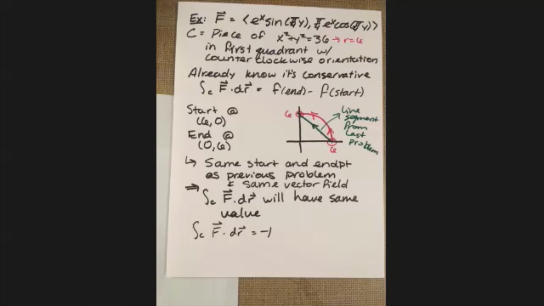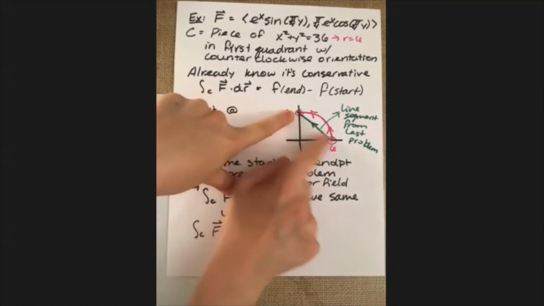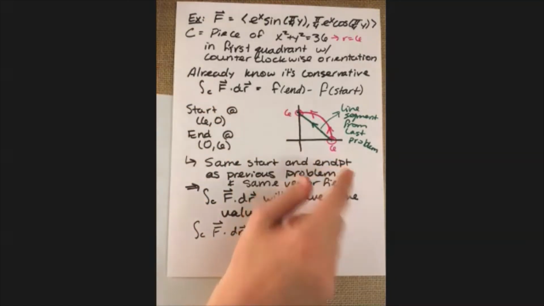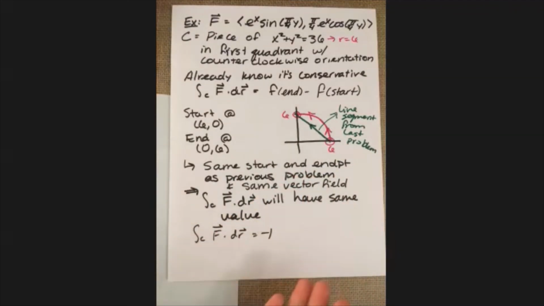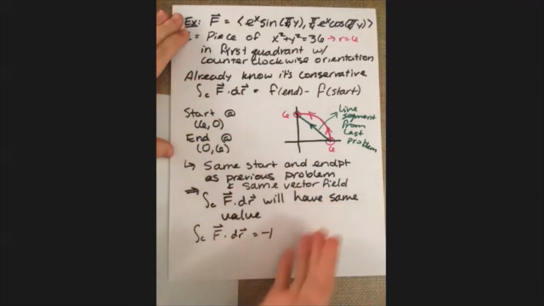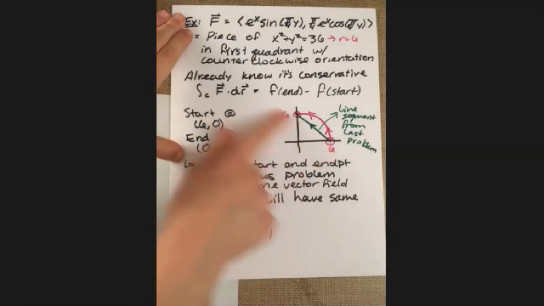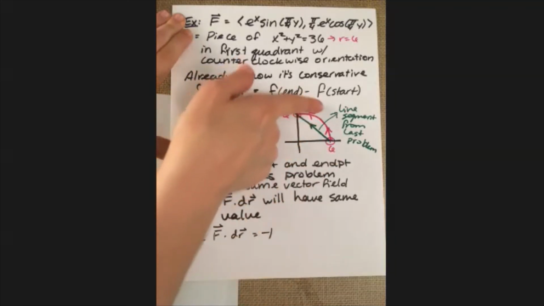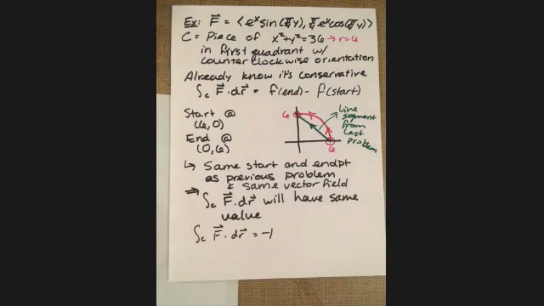Or we can say, no, I have a simpler line that I can use, and we did that in the previous example. And so I can just say, okay, by the fundamental theorem for line integrals, which says we only care about start and end points and not about what happens in between, I know that those two integrals have to be the same. And that's it. You've saved yourself a ton of work.